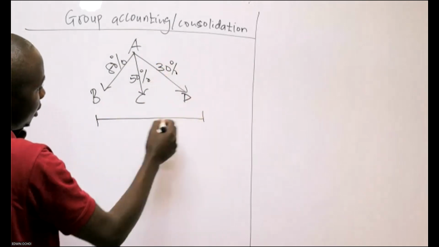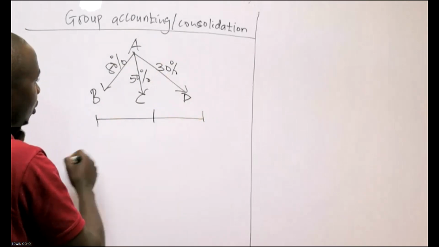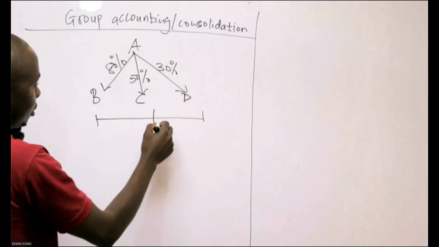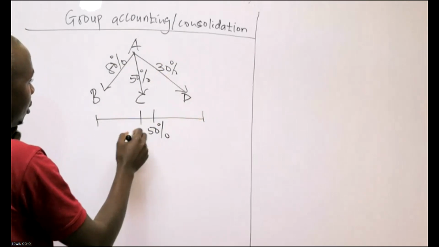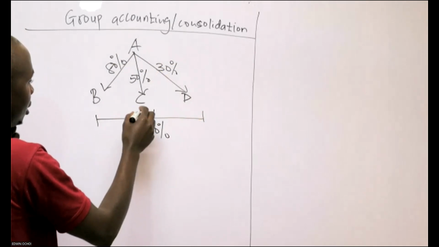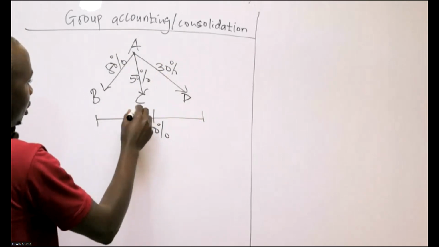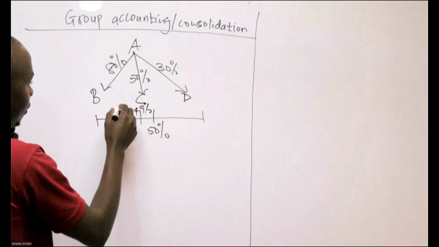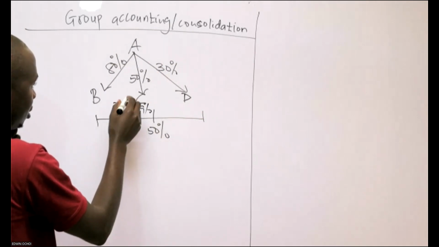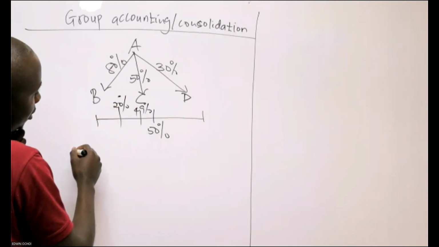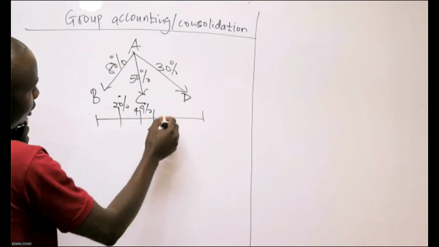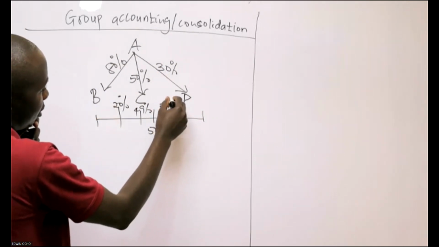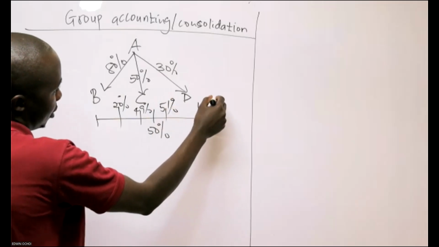So remember that in this scenario, we always look at the percentages of acquisition. So we have 50, we have 80, up to 49 from 20%, and 51% to 100%.